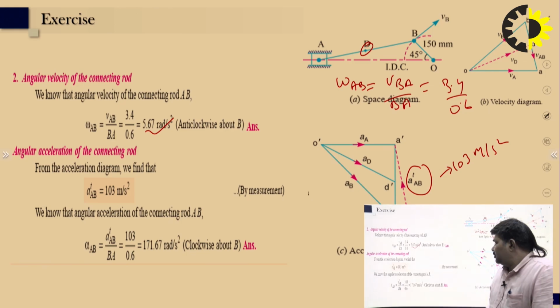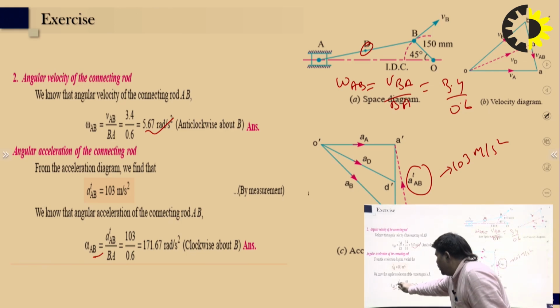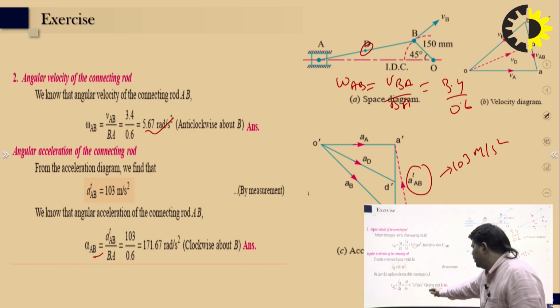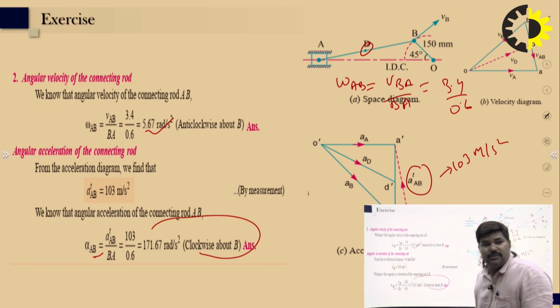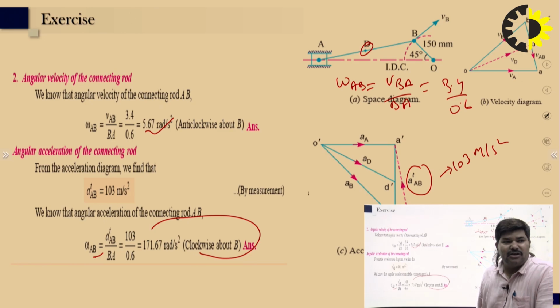We know that the angular acceleration alpha is equal to ATAB upon BA. So this value is 171.67 radian per second square in the clockwise direction about point B.